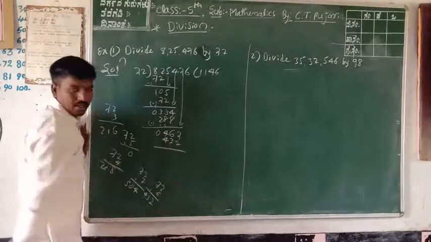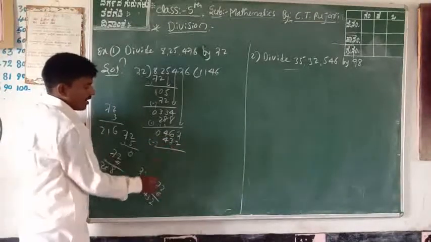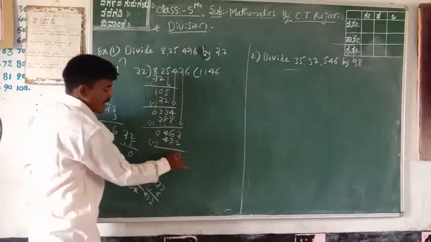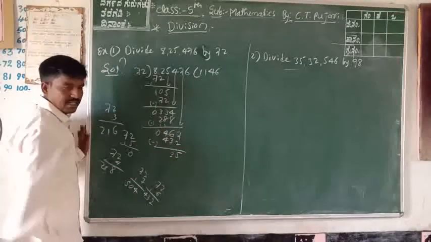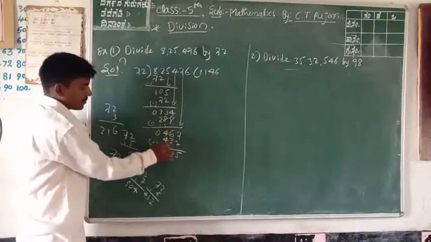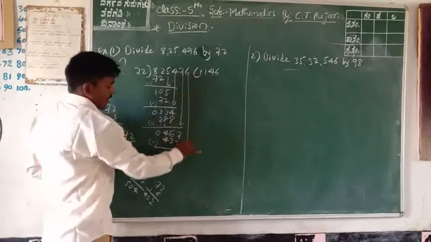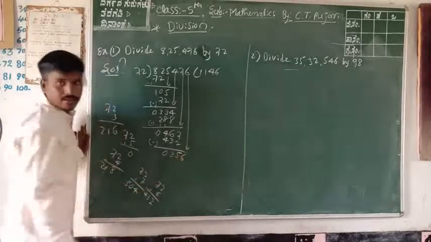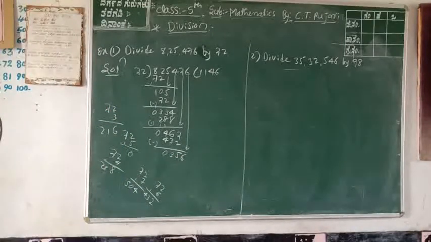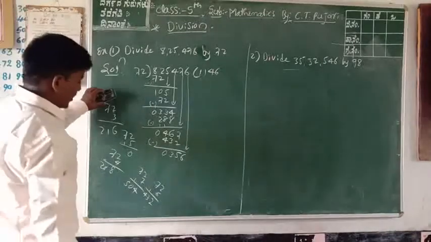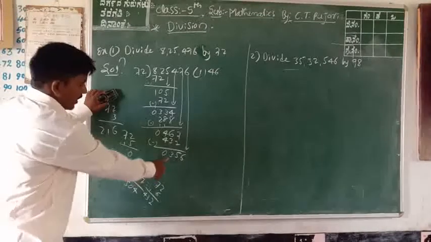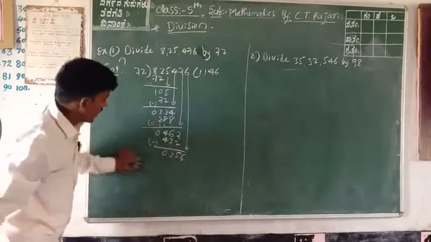So 72 into 6 is 432. Again minus: 7 minus 2 is 5, 6 minus 3 is 3, and remaining 4 minus 4 is 0. The last one you can take 6. Therefore next multiplication again, the remainder is 356.